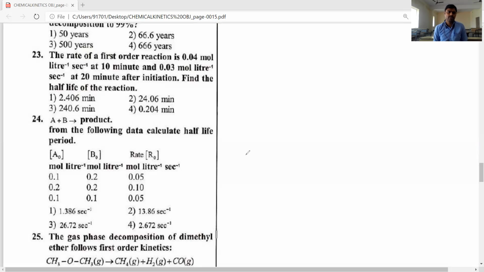For this case, first we have to find its rate constant. For first order kinetics, rate is equal to K into concentration of reactant, A power 1. The rate R1 is 0.04.